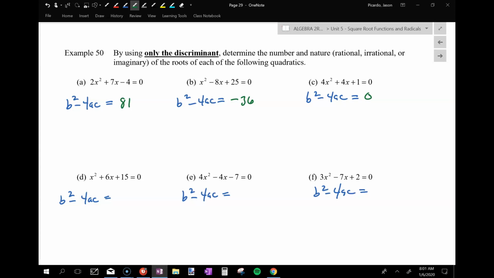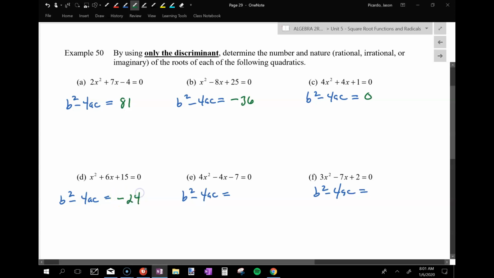Okay, for D? Negative 24. E? 128. And the last one? 25. Okay. I'm going to assume that you're all right.